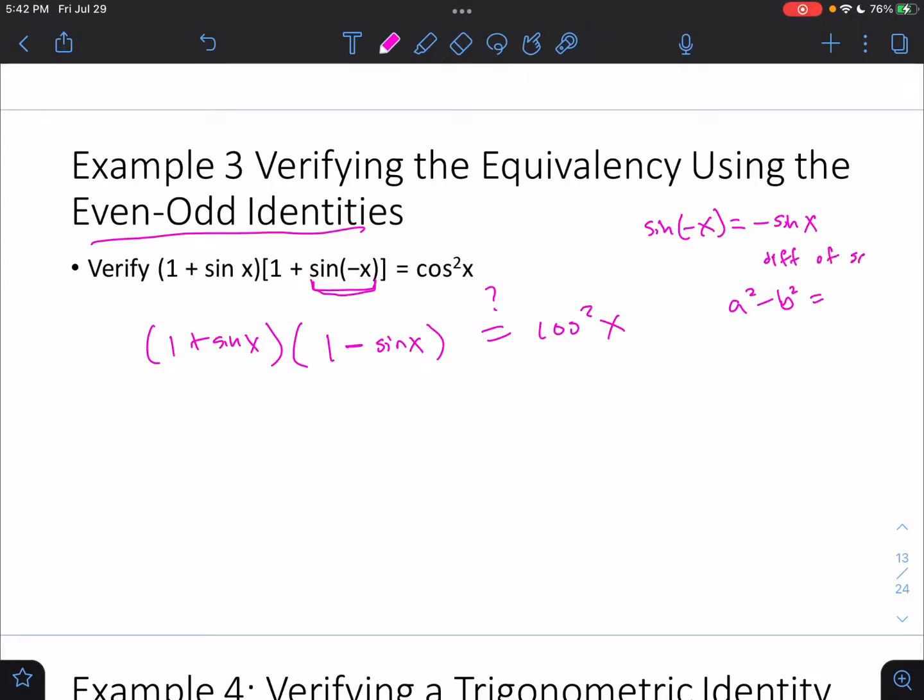It says you can factor a squared minus b squared into a plus b and a minus b, and backwards. If you have it factored, you can turn it into a squared minus b squared. So if you notice, here's my a, here's my b. According to that formula, 1 squared minus sine squared x. Is this equal to cosine squared x?